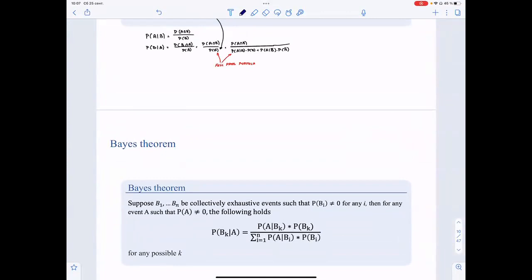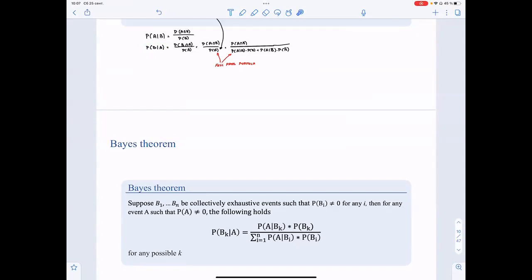And what I'd like you to notice is that we started with a probability of B given A. What is highly important here is that your main event is A and B is a sort of condition that you are analyzing.